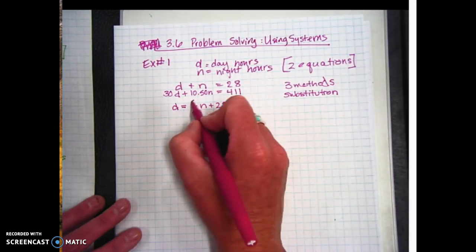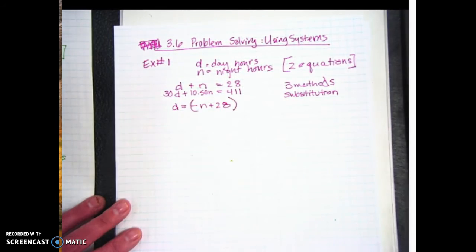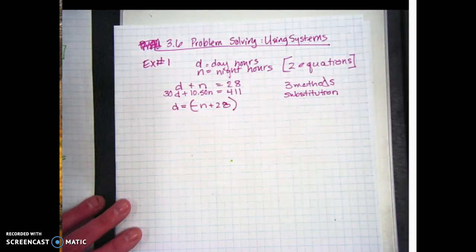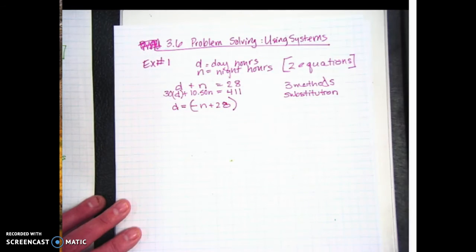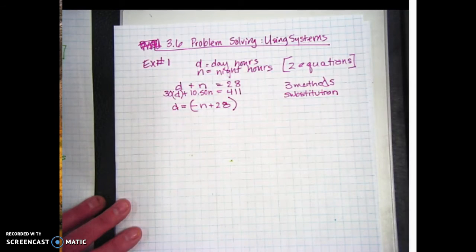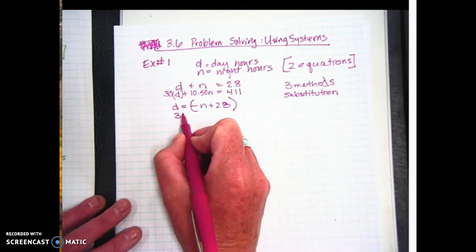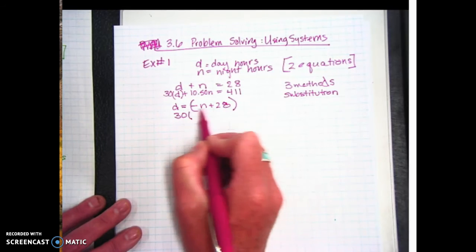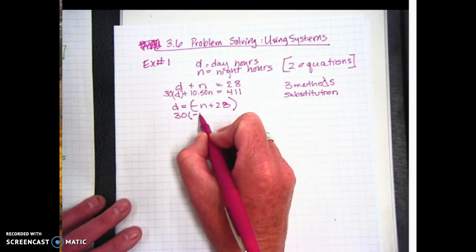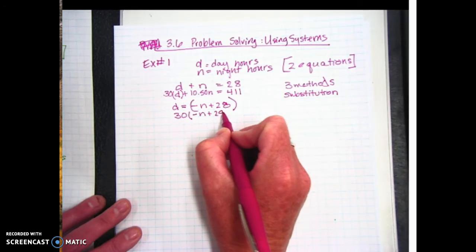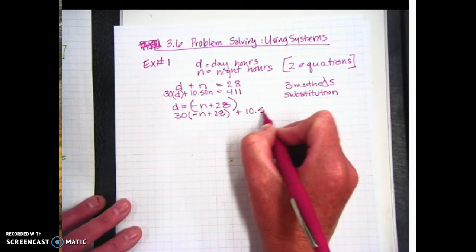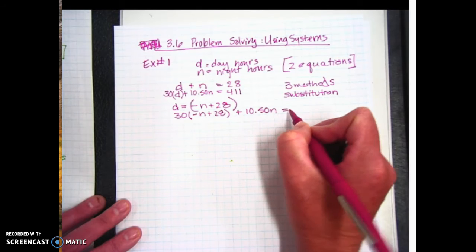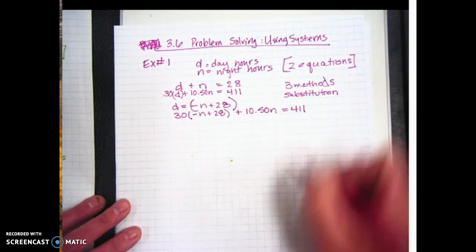And we're going to take that and plug it in, or substitute it in, to the other equation where the D is at. Okay. So we're going to have 30 times all this stuff that D is equal to, so negative N plus 28, plus 10.50 N equal to 411.